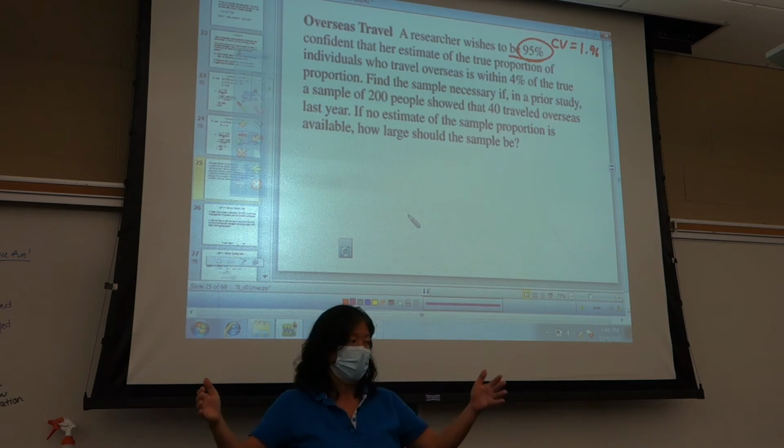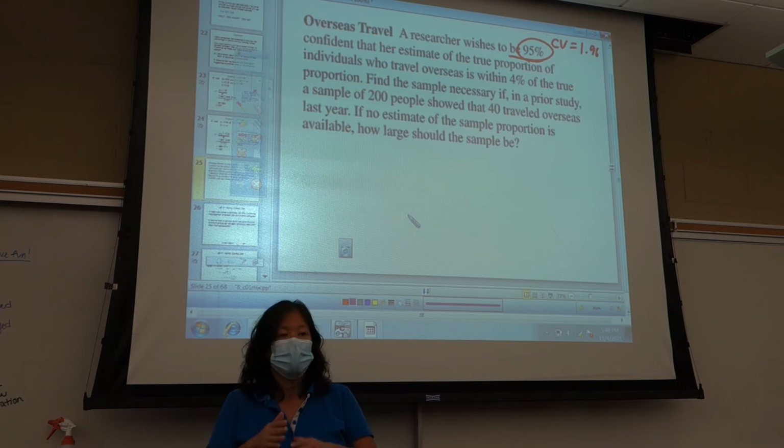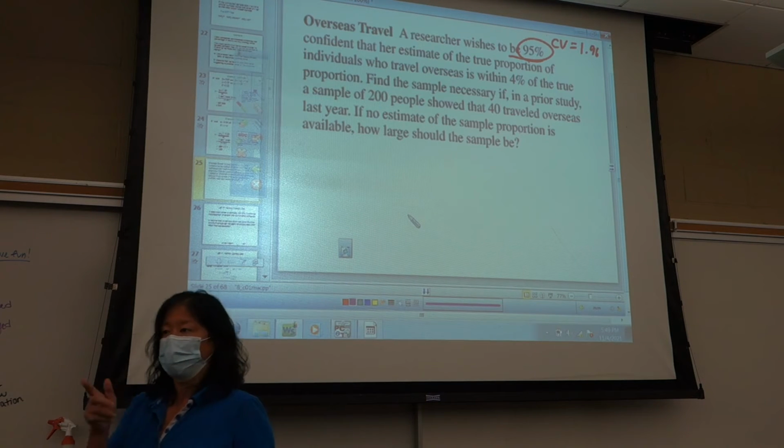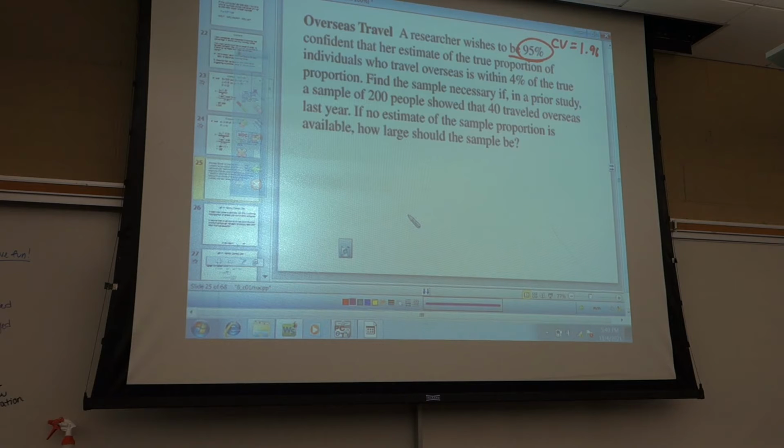That's his error he's allowed. So within is the part you're plussing and minusing, that's your error. So I find the word within 4%, that's my error. So my E is 0.04, and I strongly recommend you really need to convert these to decimals to make this all work, or else you're going to have a giant mess.